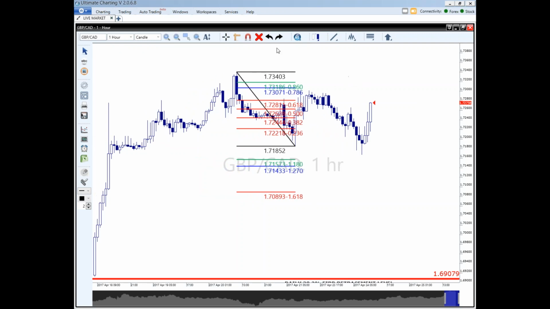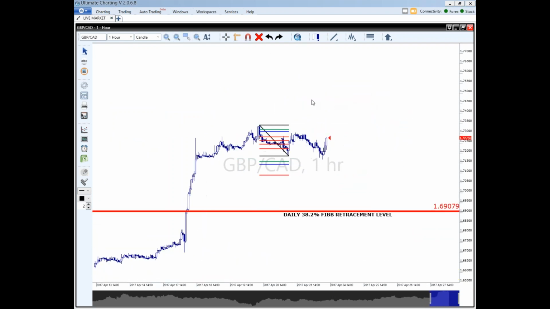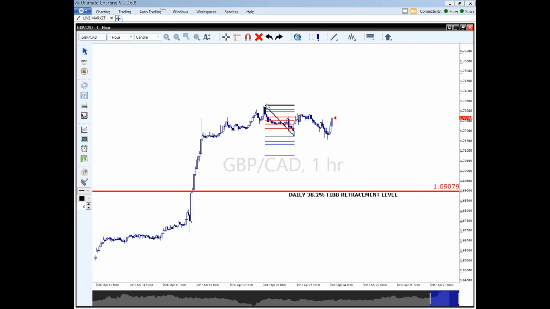So let's just say, if I sold the market, I don't want to risk 65 pips to go after 184, or I'd rather go up to 365, depending on where you want to go, what you want to trade. So since we know this information, now we can use the grid to help us.